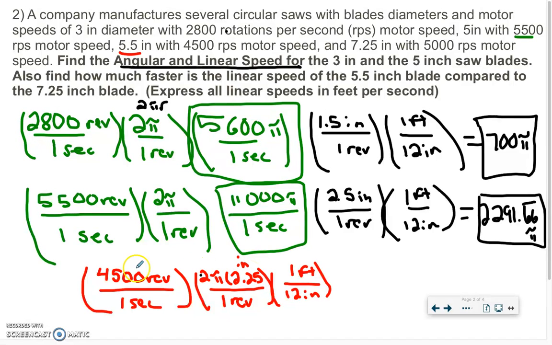When you take it times 2 and times 4,500 and divide by 12, you're going to get the linear speed for that 5.5 inch blade.